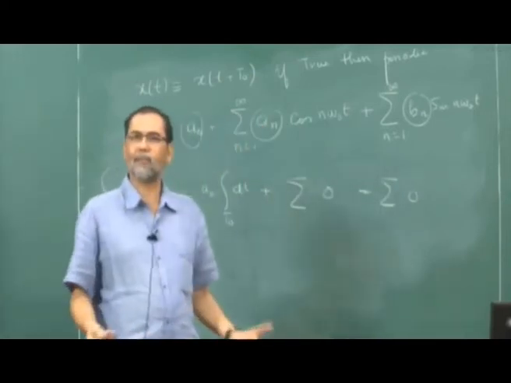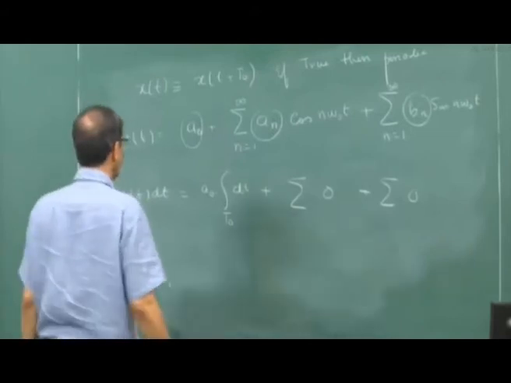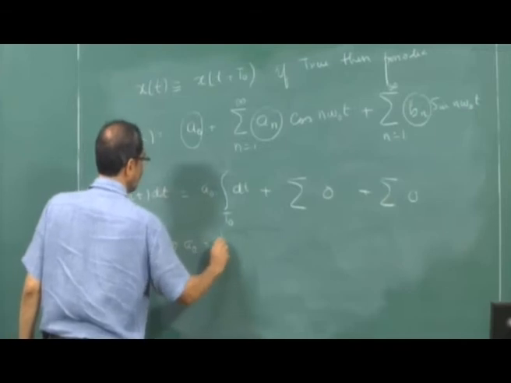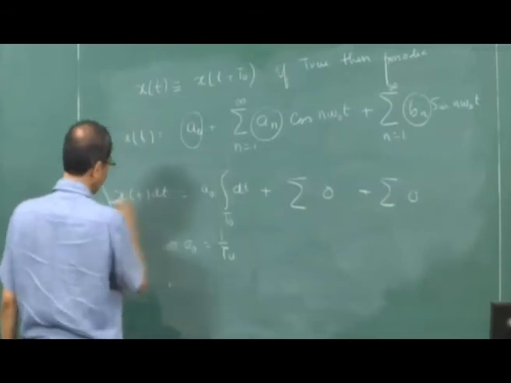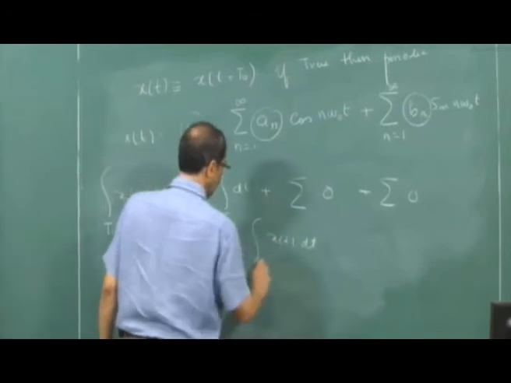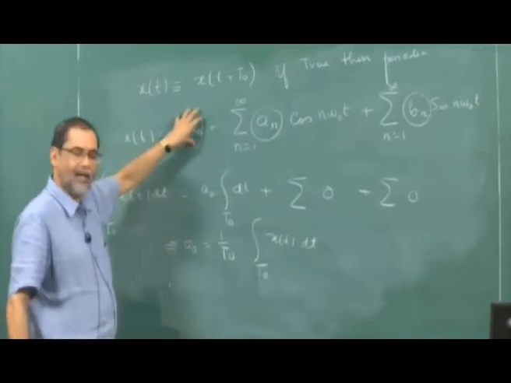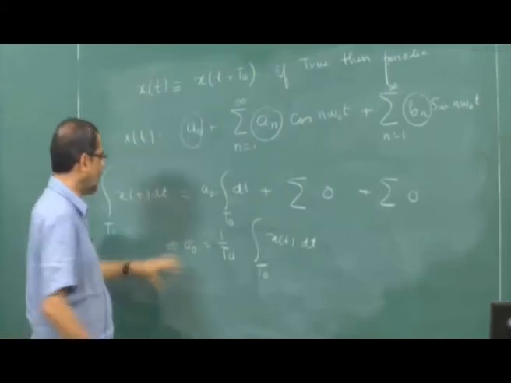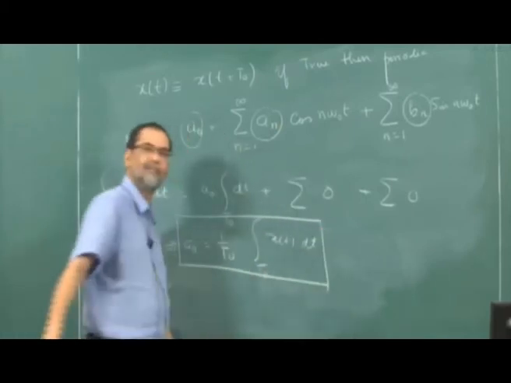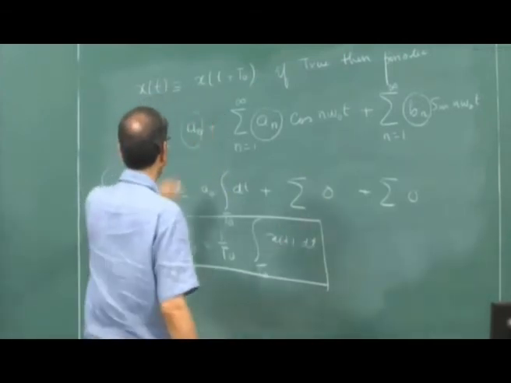I am integrating over a period, making use of the properties of cosine and sine functions. So from here you get a naught is 1 by T naught, because a naught into T naught, into the integral of x of t dt over T naught. Given any x of t, if you want to find a naught of the Fourier series, you carry out this integration. That's the first value, how you compute a naught.